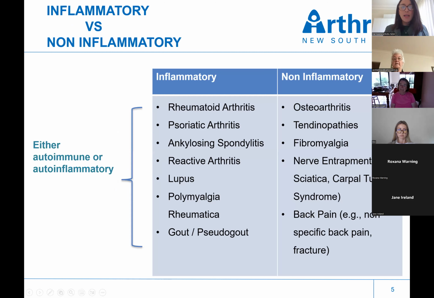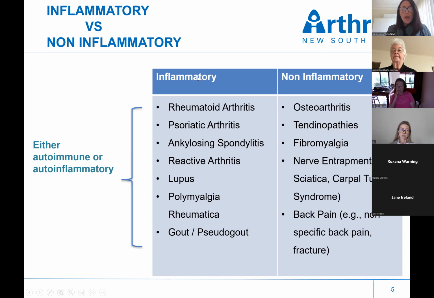And we might like to have a look at the differences between these types of arthritis, and I've categorized them into inflammatory forms and non-inflammatory forms. Essentially this slide is just to point out the differences between them, including other musculoskeletal conditions as well.